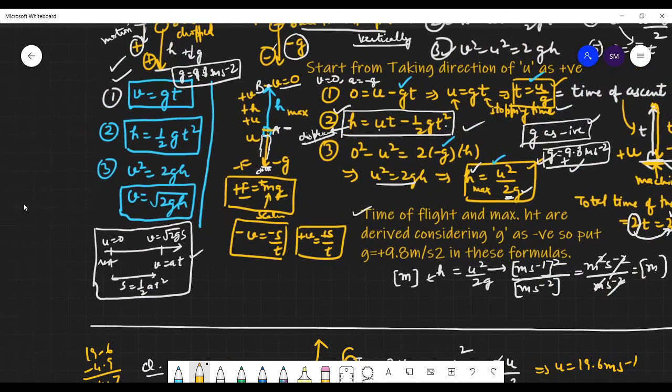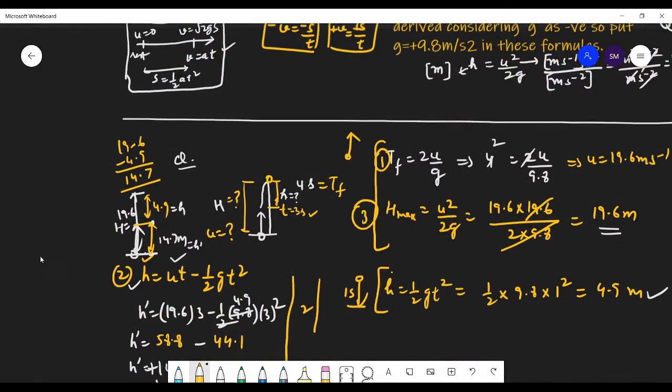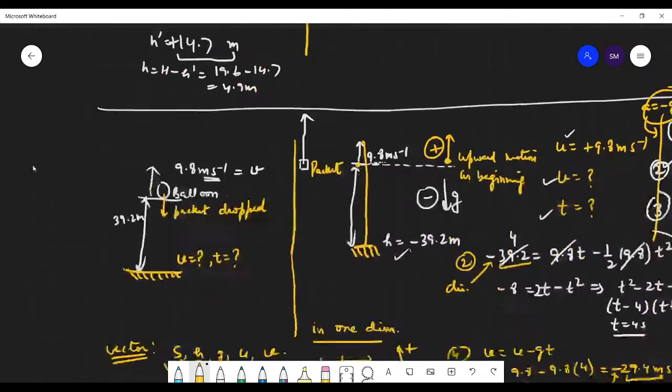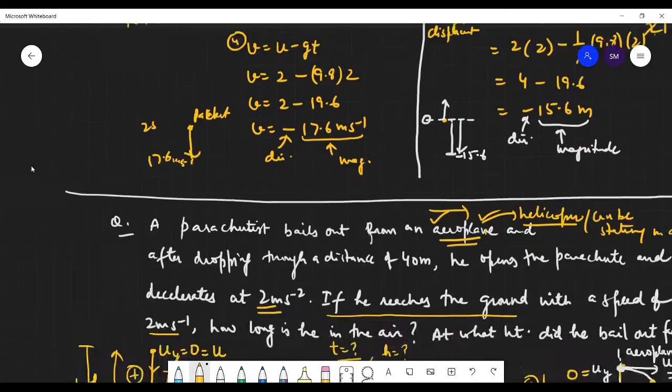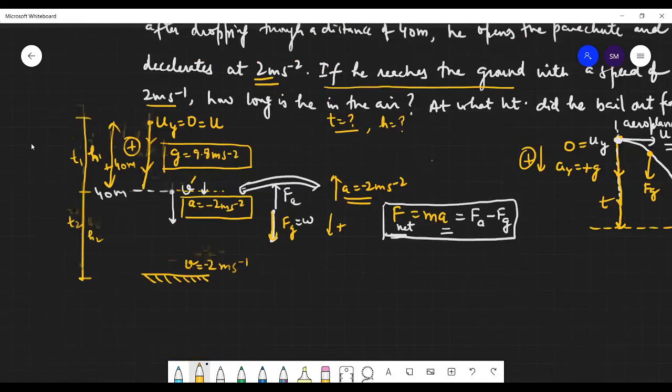These are the three formulas: v equals gt, h equals half gt square. You know h, right? You can find t. Students, keep the formula sheet along with you, and after some time you will be able to remember the formulas.